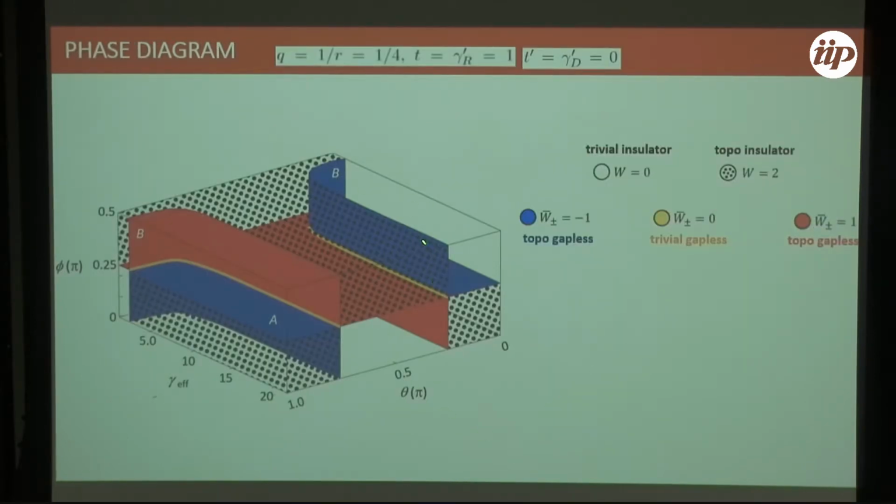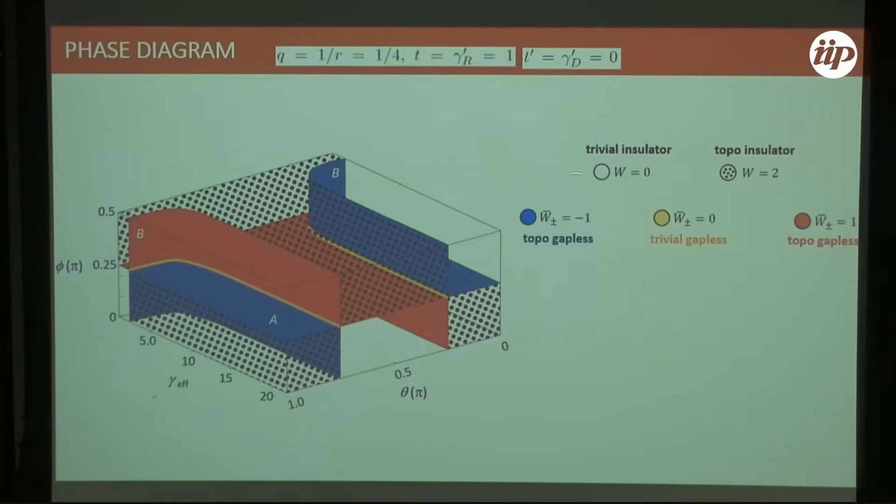So this phase diagram, what's shown here, is the winding number of the model on the parameter space, gamma effective, theta, and phi, the three parameters that I showed before.